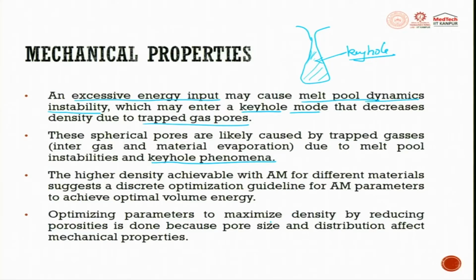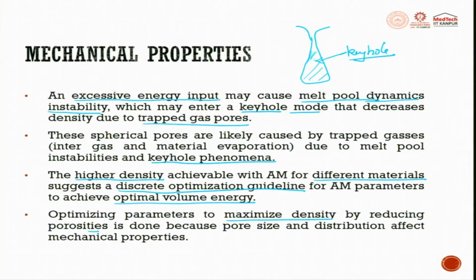The higher densities achievable with additive manufacturing for different materials suggest discrete optimization guidelines for additive manufactured parameters to achieve optimum volume energy. The optimization parameters are to maximize density by reducing porosity.